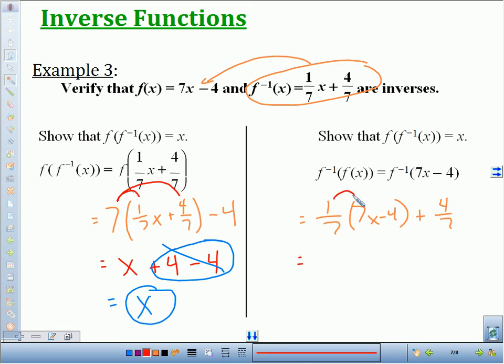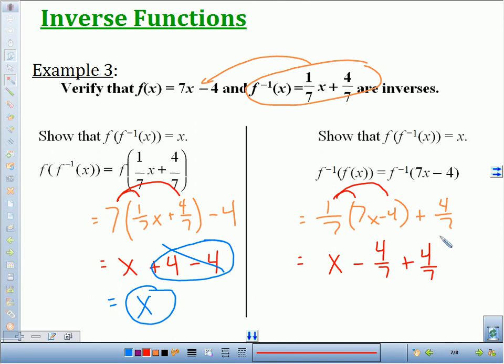Again, we have to distribute. We have 1/7 times 7x. 1/7 times 7 is 1, so we get 1x, which is just x. 1/7 times negative 4 is negative 4 over 7. Plus 4 over 7 that's sitting out here on the side.